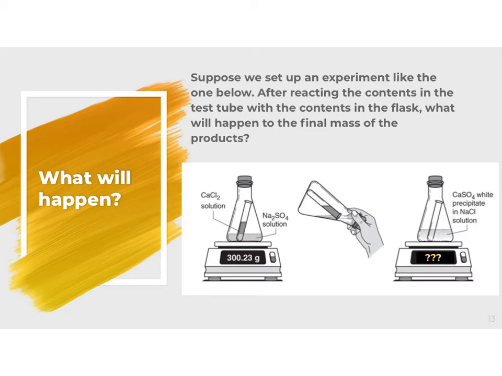We started off with 300.23 grams of reactants, and you can probably assume that since nothing is escaping, we're going to end up, after everything has reacted, with 300.23 grams of product. And this is going to lead into what we call the conservation of mass.